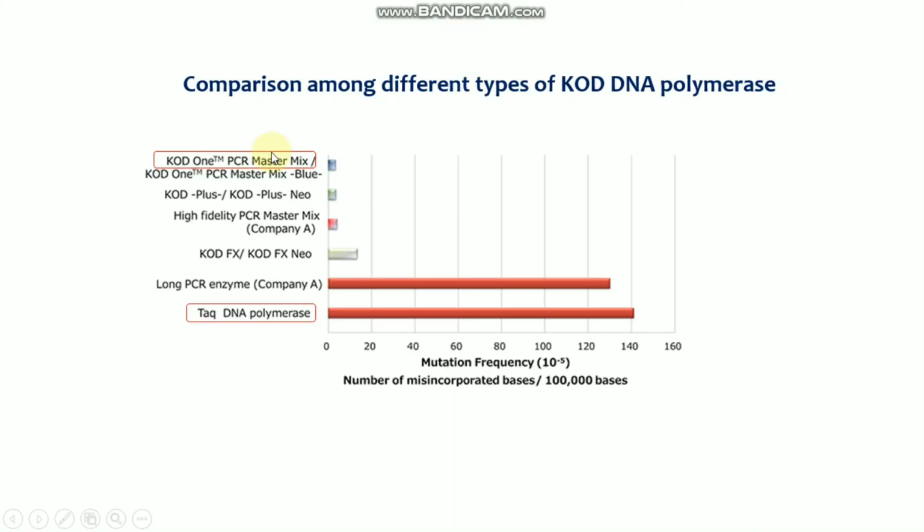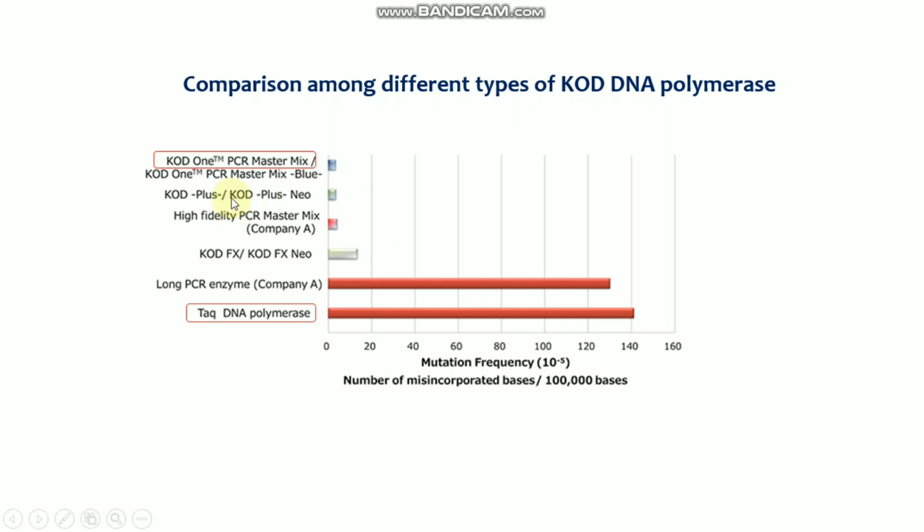So here is a comparison among the different types of KOD DNA polymerase. Here you see all of the KOD DNA polymerase series products, but KOD1 is the most efficient in this series. Compared with Taq DNA polymerase, which has a higher error frequency and higher chances of making wrong insertions and wrong bases during amplification, the KOD1 master mix has the lowest number of mutations, and its error frequency is very low compared to Taq DNA polymerase.